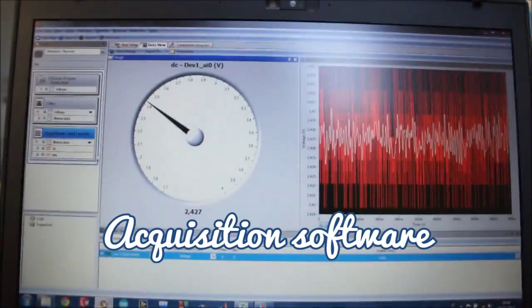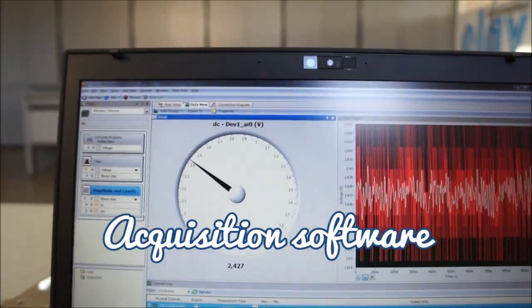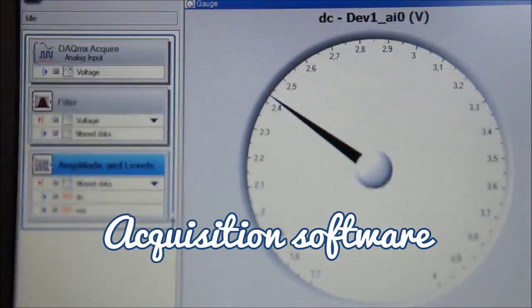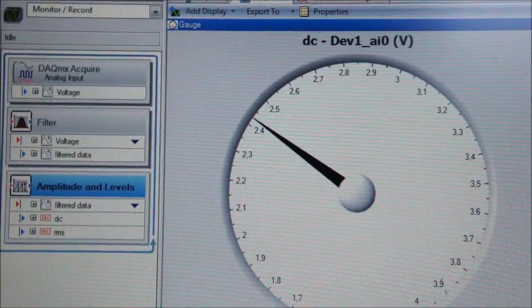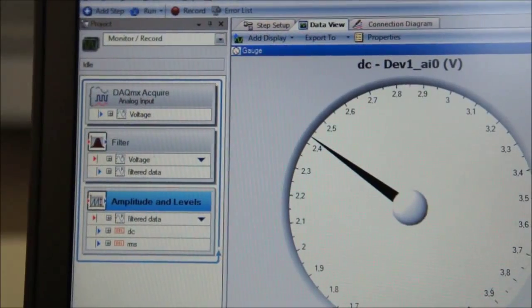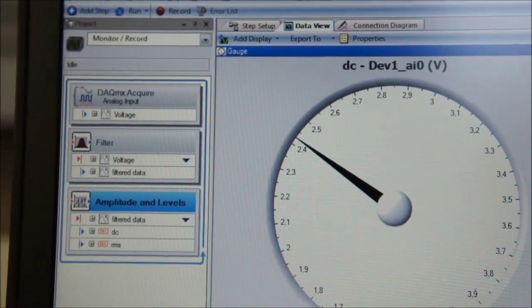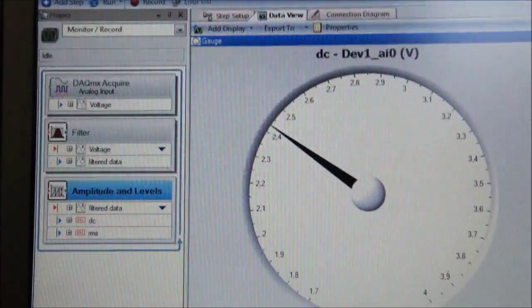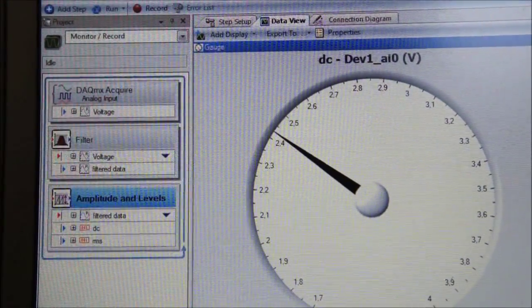In order to acquire the signal, I've made a dedicated software with LabVIEW SignalExpress. Here you can see the DAQmx Acquire, which enables me to acquire the voltage coming from my circuit.